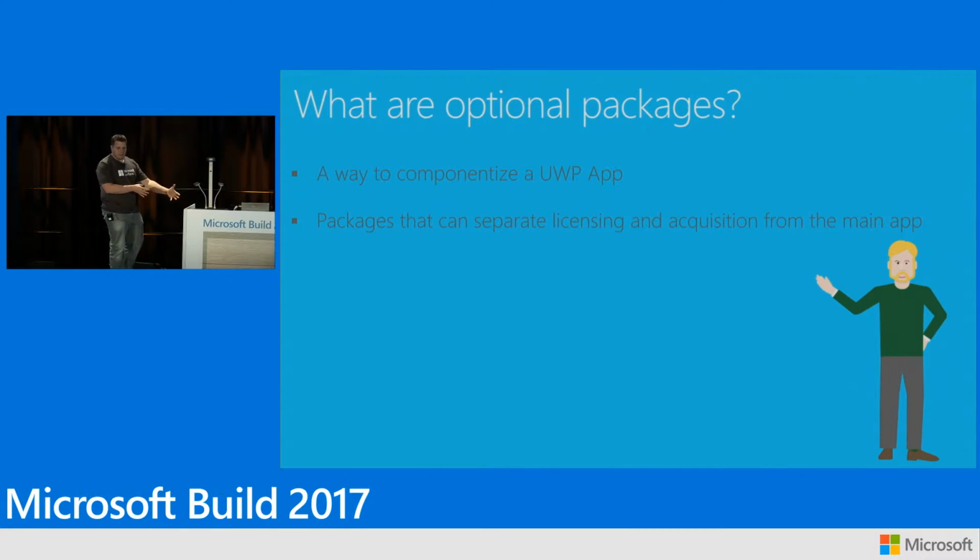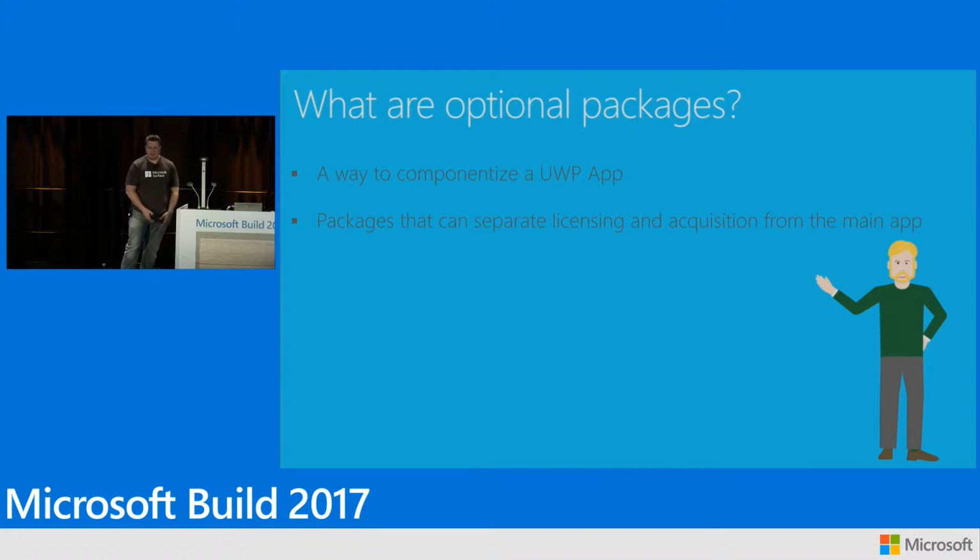Maybe you want an add-on pack that's 99 cents more for this functionality. Typically today, you'd put it into your app, and then you'd do an IAP, or in-app purchase, then wait for the receipt, but every user has to eat that 20 meg footprint. Now we're allowing you to separate that out, download it and acquire it separately, license it separately, monetize it separately, and really take advantage of our store, or even do this within your enterprise if you're building your own line of business apps.